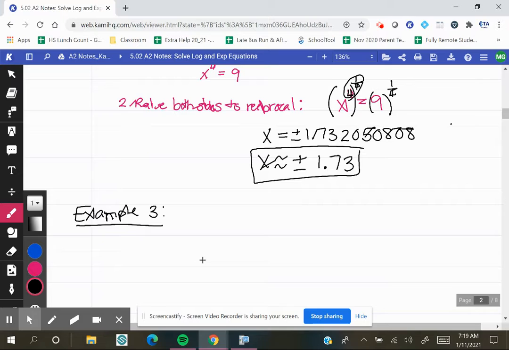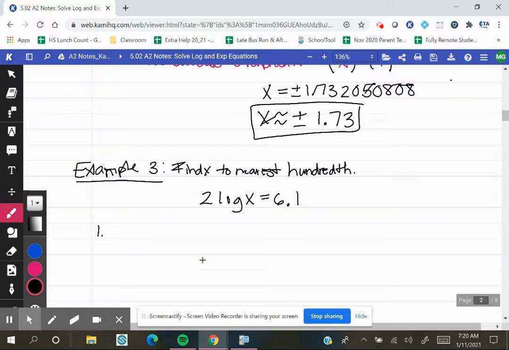So here we're given, so again, find x to the nearest hundredth again. So here we have 2 times log x equals 6.1.